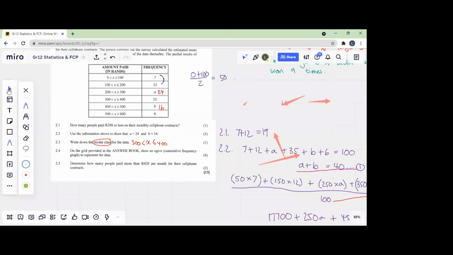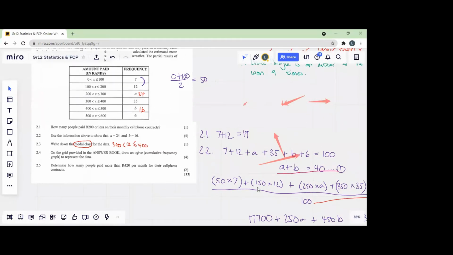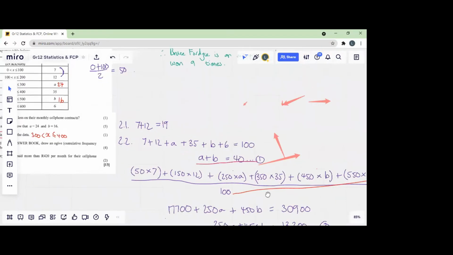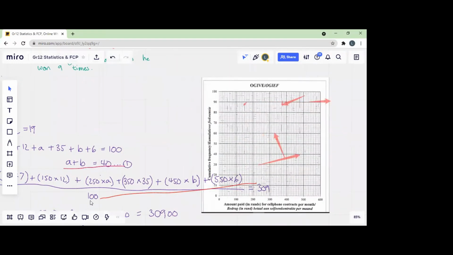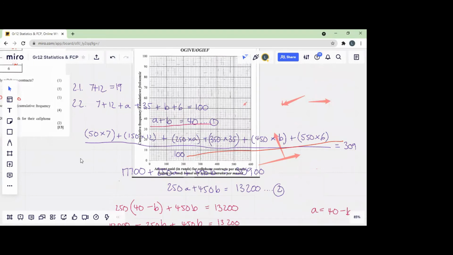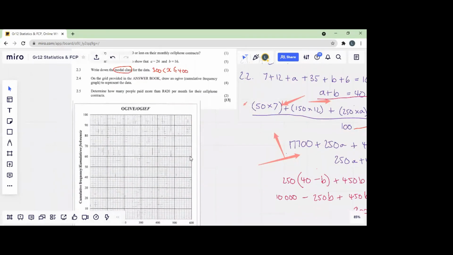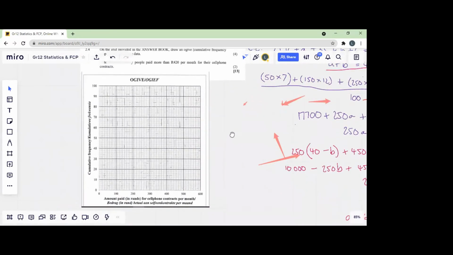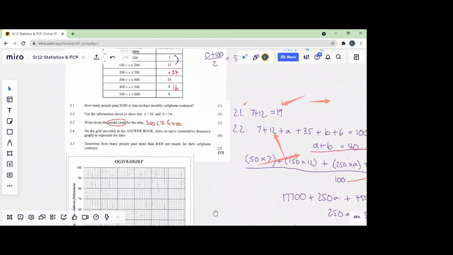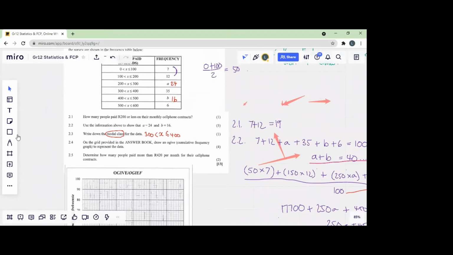Okay, and now they want us to draw the ogive. So I've got that over here. Okay, so before we draw the ogive, what do we have to do, Matrix?